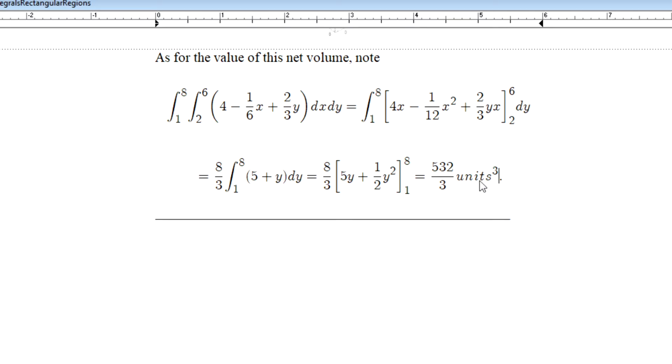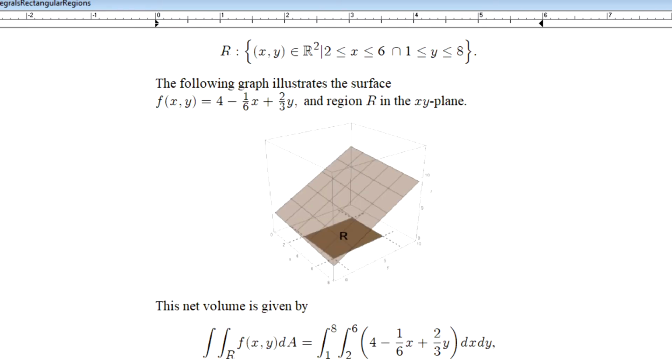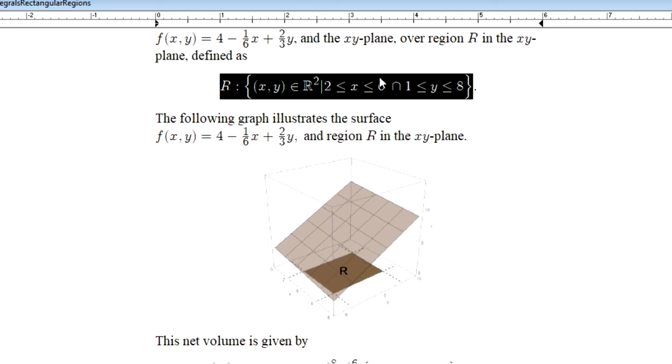That is our net volume for this description of space here, folks. This description of space occurs between this function, described by 4 minus 1/6 x plus 2/3 y, and this region R, this rectangular region bounded between values of x from 2 to 6 and values of y from 1 to 8.